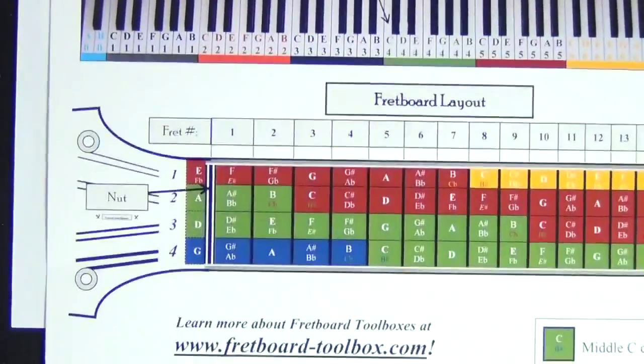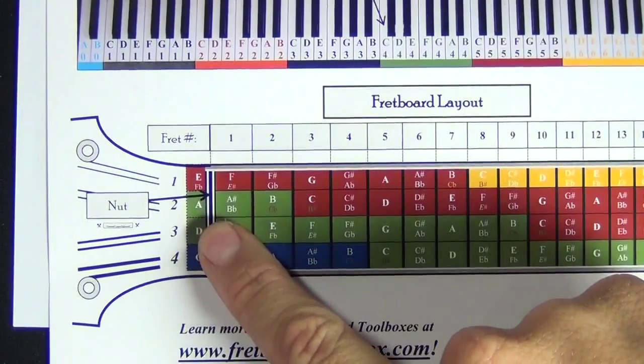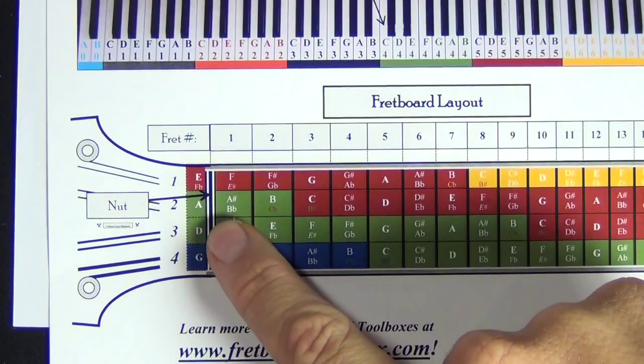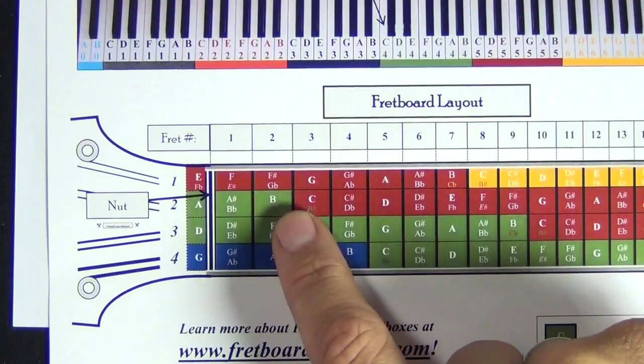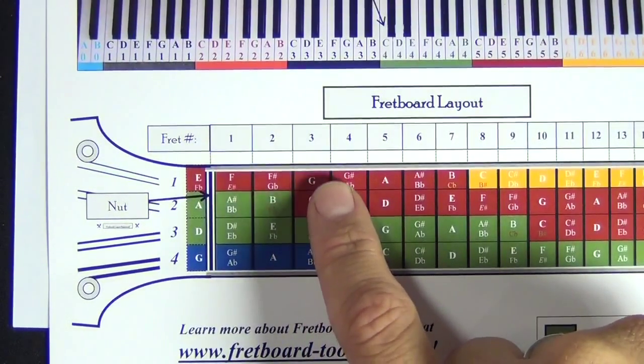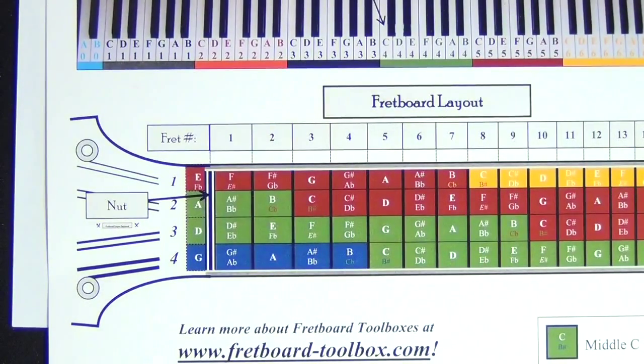And then if we look on here, open is going to be G3, open, D4, 2 is B4, and then 3, the third finger here, or third fret, is a G note, and that's G5.